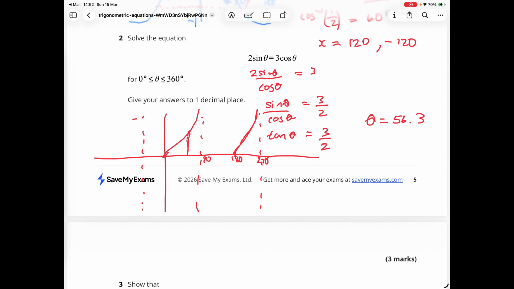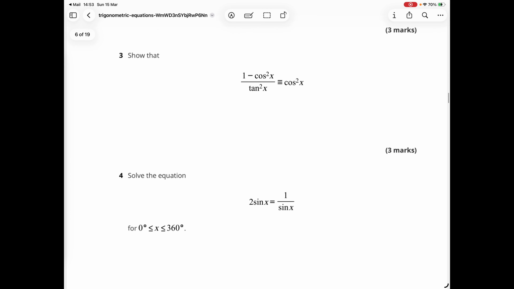So it would be 180 plus 56.3, and that would give us our next one: 236.3. Do we think there's another one? If we added another 180, it's 416, which is beyond this point, so we don't need to do that.